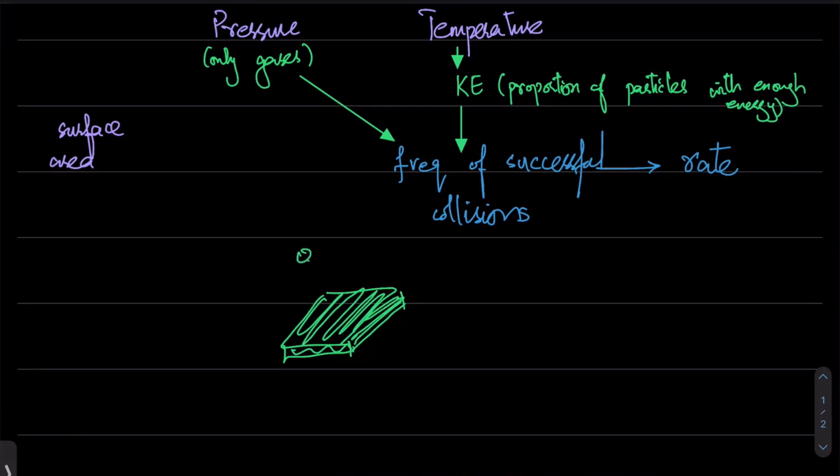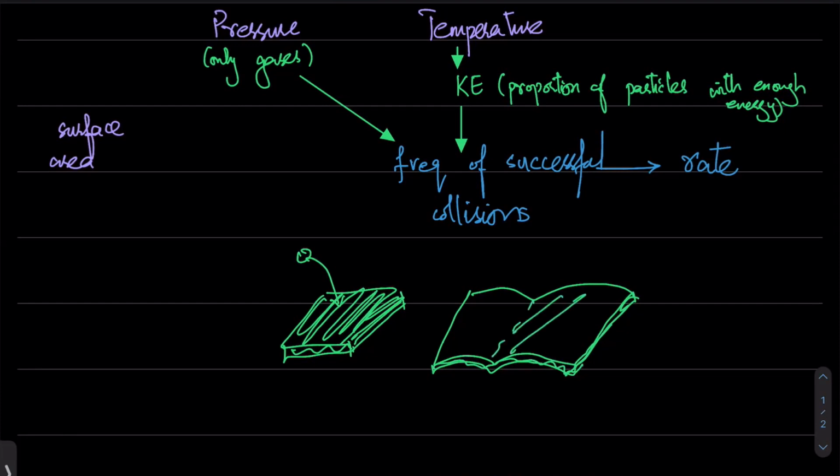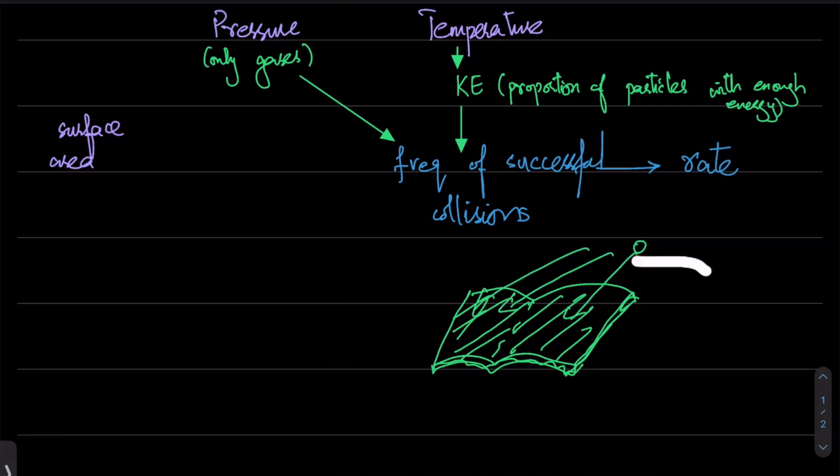So if a particle has to collide, it can only collide on those surfaces. But if you open the notebook, now you still have the sides, but you have not just this portion, but you also have this portion. You have more area exposed for collision. So now the particle can collide here, here, here. It has more area where it can collide. We say that the surface area is higher.